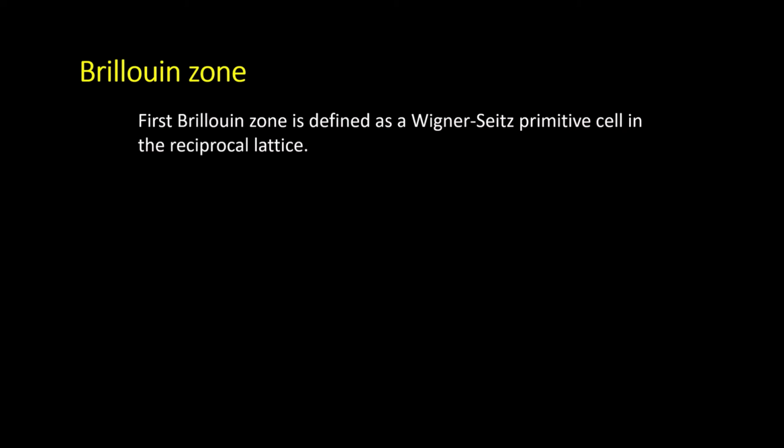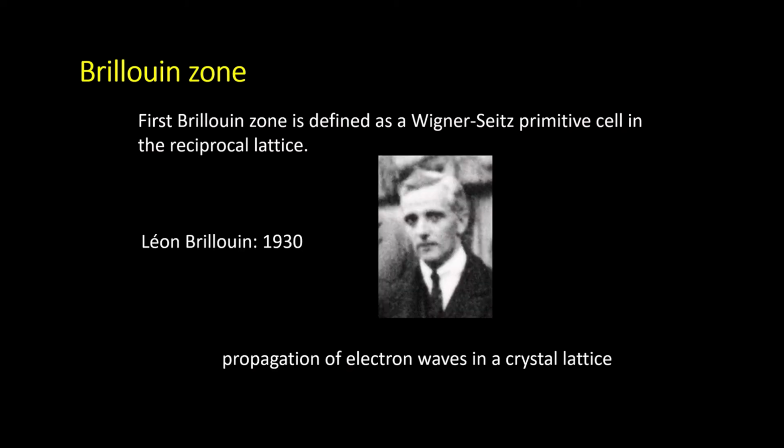This Wigner-Seitz primitive cell in the reciprocal lattice space is known as the first Brillouin zone. This is a concept first developed by Leon Brillouin in 1930 to explain the propagation of electron waves in a crystal lattice. The concept of the Brillouin zone is particularly important in the consideration of the electronic structure of solids. The first Brillouin zone is defined as the Wigner-Seitz primitive cell in the reciprocal lattice.